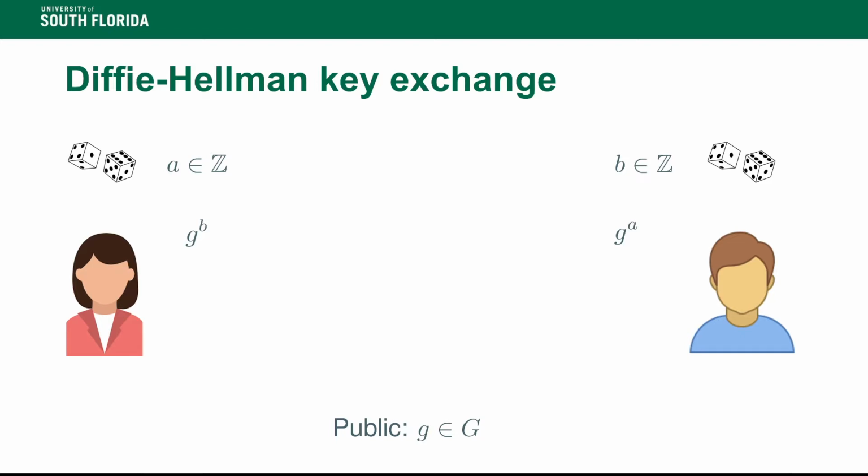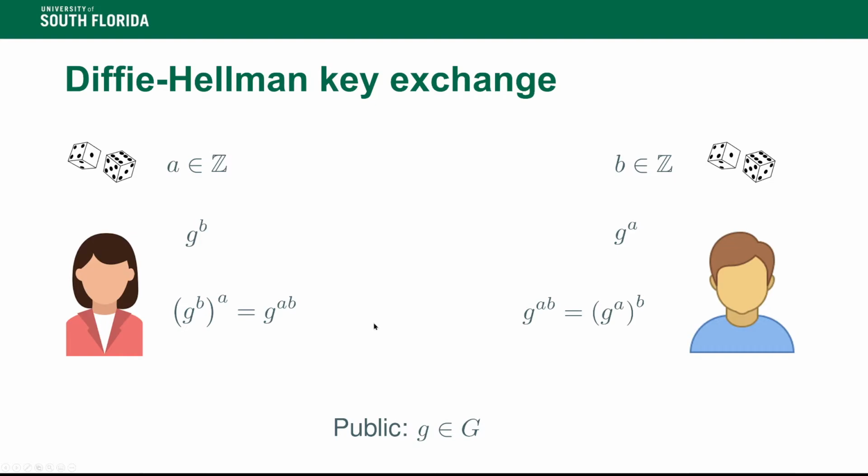Now, if the discrete log problem is hard, somebody listening to this conversation, we hope, is not able to recover a and b. Each of them individually can compute g to the ab: Alice by raising Bob's value to the a, which she knows, and Bob by raising Alice's value to the b, which he knows.